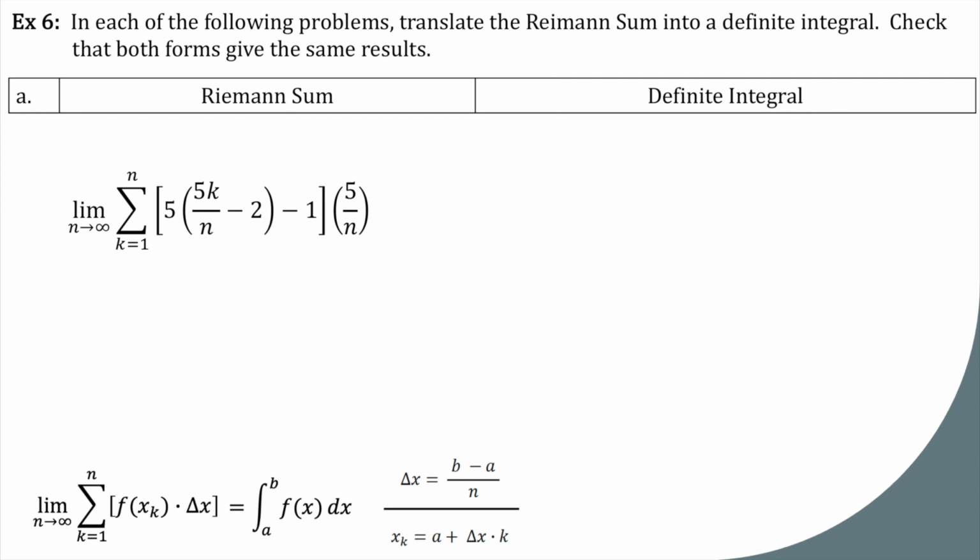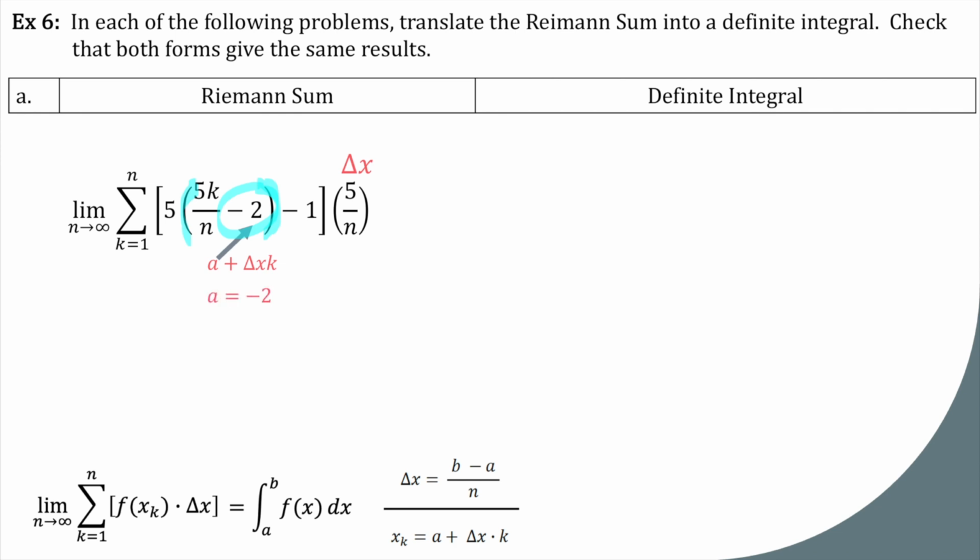Now let's go the other direction, all right? First of all, let's figure out what our pieces and parts are. This 5 over n is the delta x. And in the parentheses here is my a plus delta x k. A is the -2. So we'll start by writing that down.